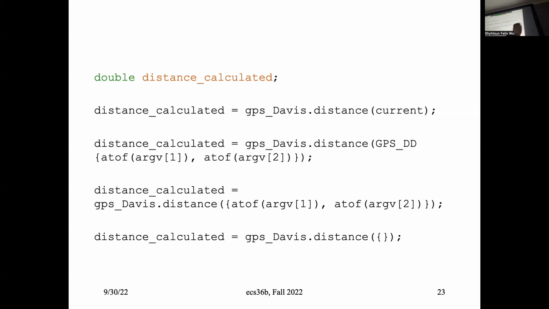They work because of something called implicit conversion, especially number 3, which is implicitly converted to a constructor that matches whatever signature it is. That can be avoided if, when you declare the class, you say explicit on the constructor, so you cannot do this kind of implicit conversion.